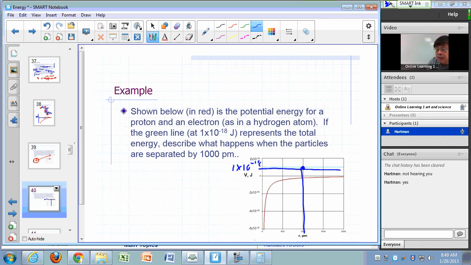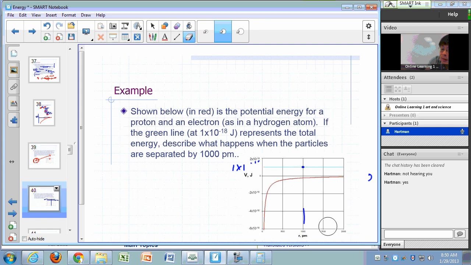Your energy now is higher than the potential energy would be if they were completely separated. You remember your potential energy limit is 0, right, when they're separated at infinite distance. Well, what happens here is this. If the electron happens to be moving away, what's going to happen?